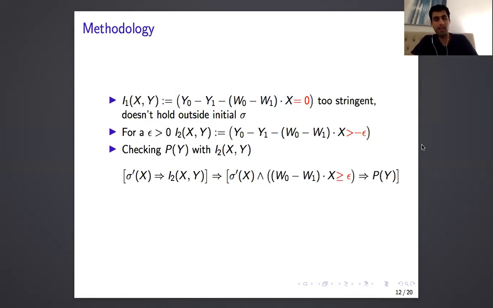So again, py is checkable using I2, and this seems like a reasonable choice of the intermediate property, because this holds for any parameter epsilon, and then we can run the procedure for multiple epsilon and see in which case we find the largest region.